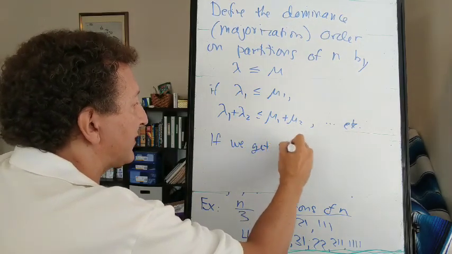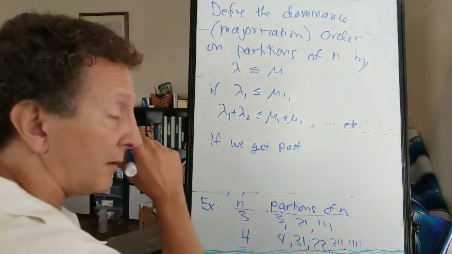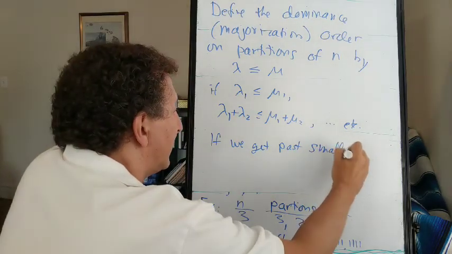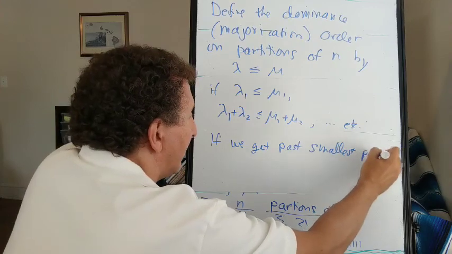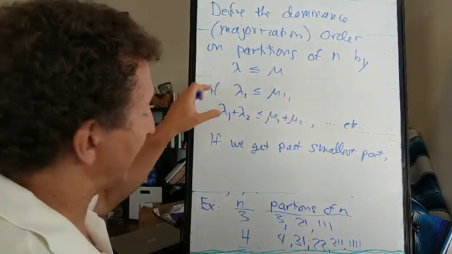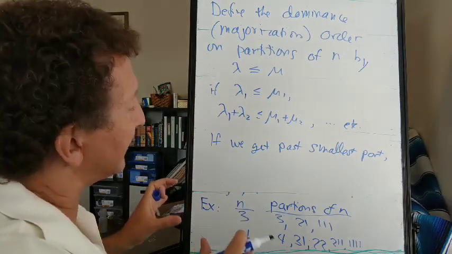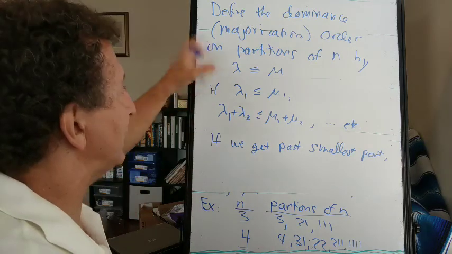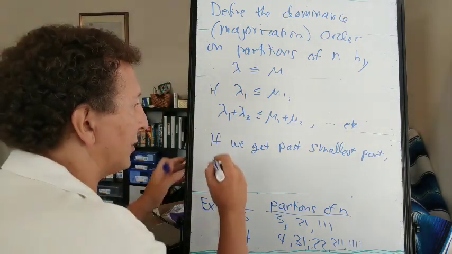Now if we get past the smallest part, say one of these partitions has more parts than the other, so we can't technically compare the corresponding partial sums, but we can just add zeros to the smaller one.